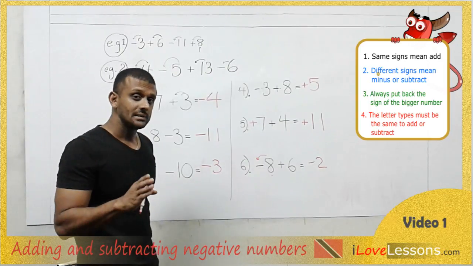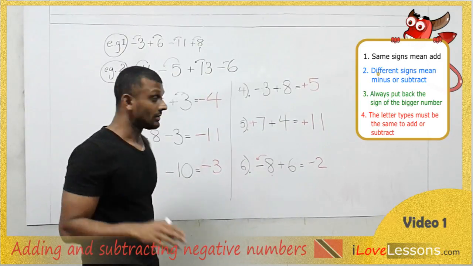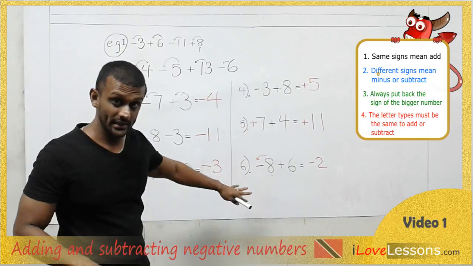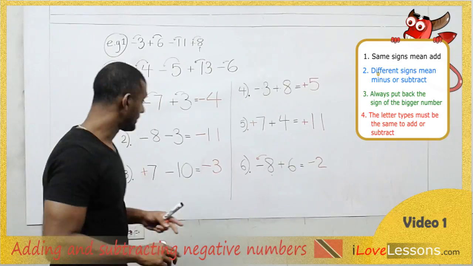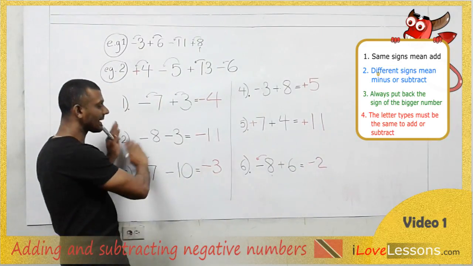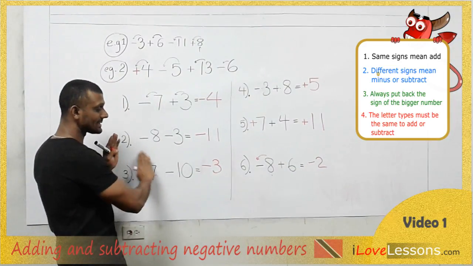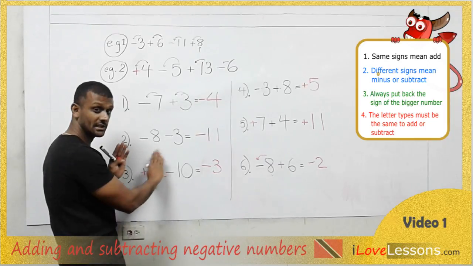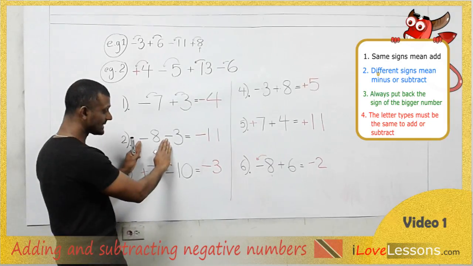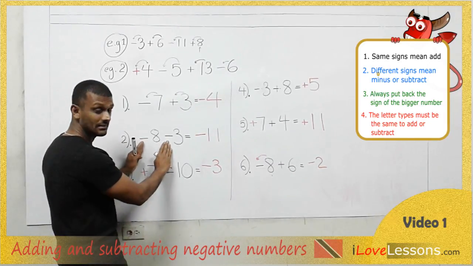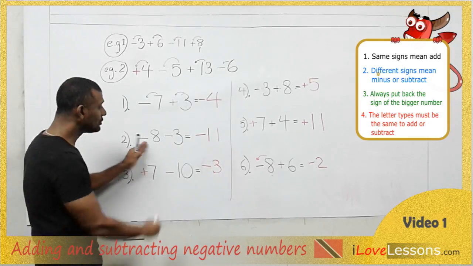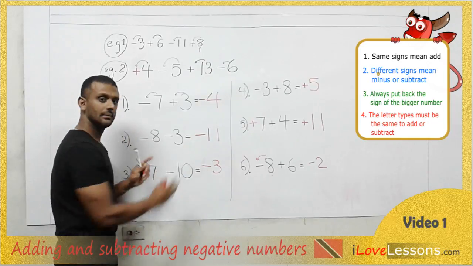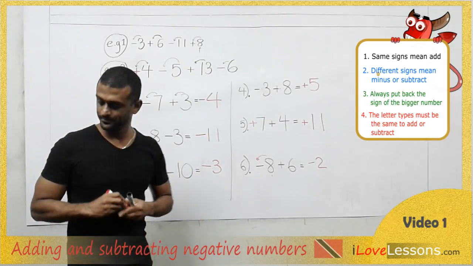Only if you are multiplying or dividing, which is what we are not doing here, two negatives will give you a positive. But if you are just adding and subtracting, two negatives actually give you back a minus sign.